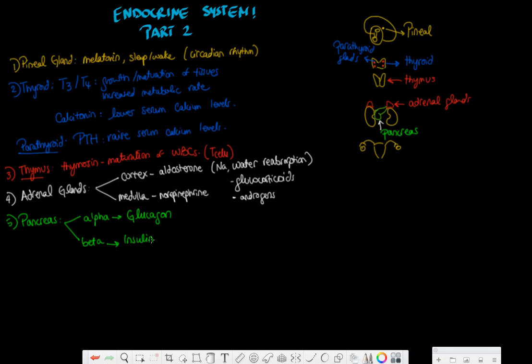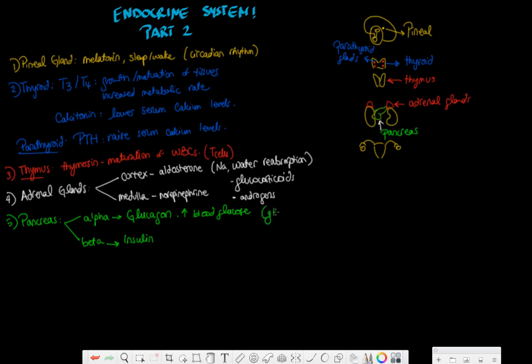Insulin is important because it's released after a meal to lower blood glucose levels, and glucagon does the opposite. It's going to be released in order to increase blood glucose levels, for example, by stimulating the breakdown of glycogen into glucose.